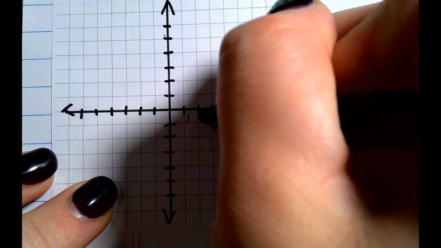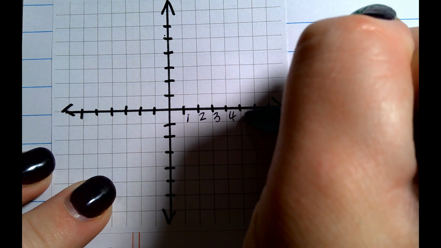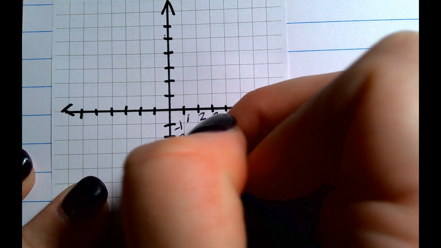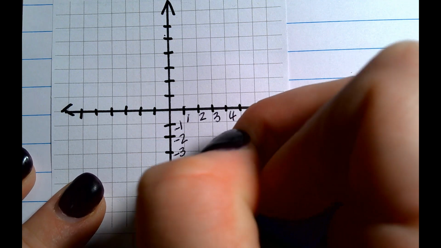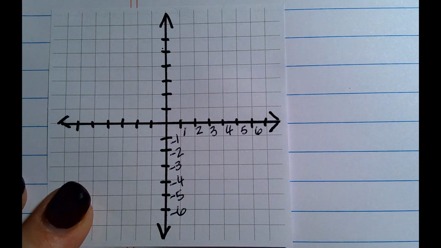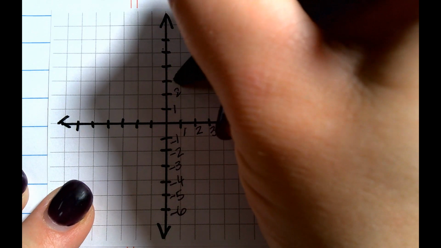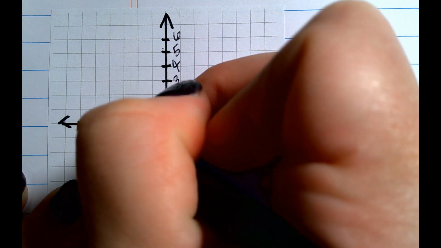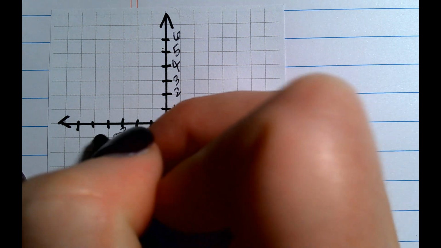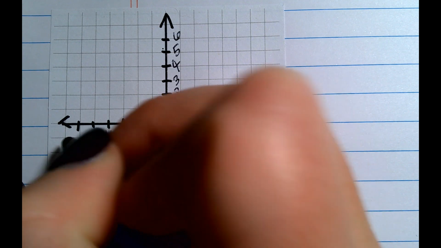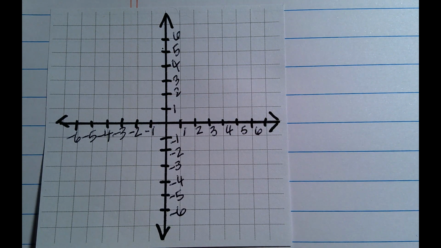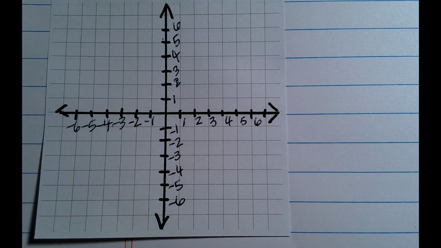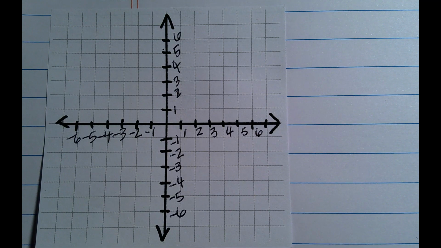Okay, 1, 2, 3, 4, 5, 6, -1, -2, -3, -4, -5, -6. 1, 2, 3, 4, 5, 6, negative 1, negative 2, negative 3, negative 4, negative 5, negative 6. Okay. So, not a work of art, but it will work.